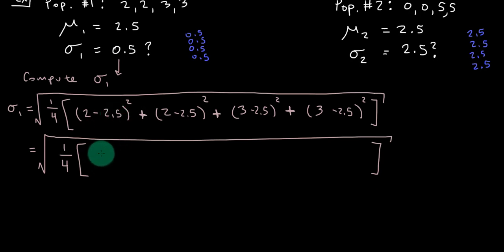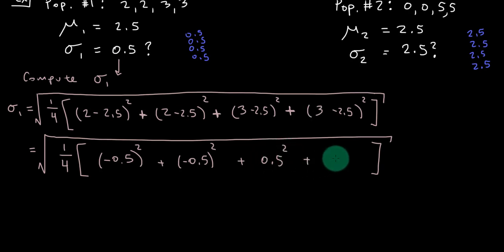Careful, it's a negative 1/2, but that negative will get squared away. Again, this subtraction results in a negative 1/2, and these subtractions result in positive 1/2. Don't forget the square.